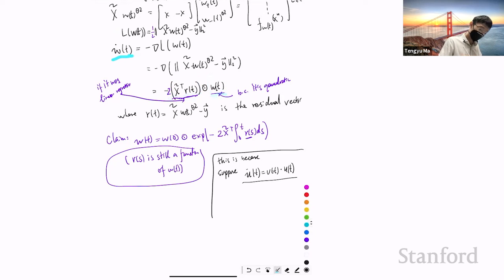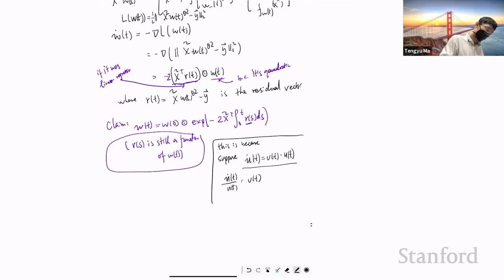Right, that's my abstraction. And suppose you have such a thing, then you can always do the following. You can say that u dot t over u_t is equal to v_t. That's always true.